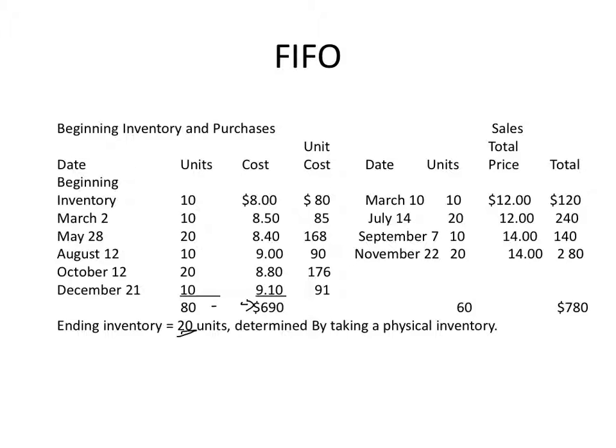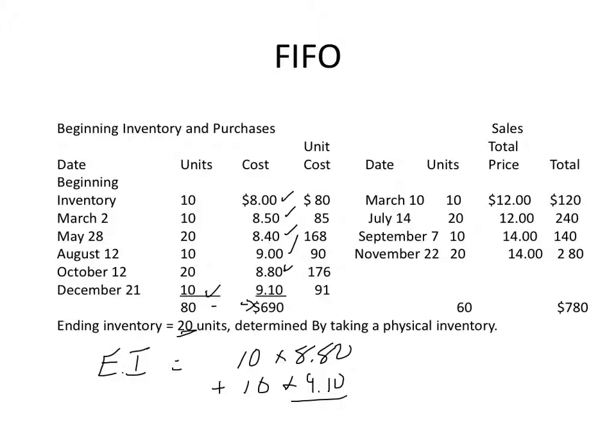So obviously I sold these 10, this 10, this 20, this 10, and 10 of this. That's what I sold. So therefore, the ending inventory is equal to 10 times $8.80 plus these 10 here, 10 times $9.10.